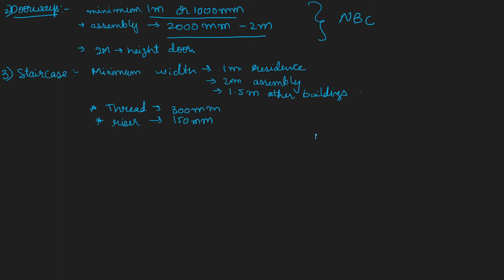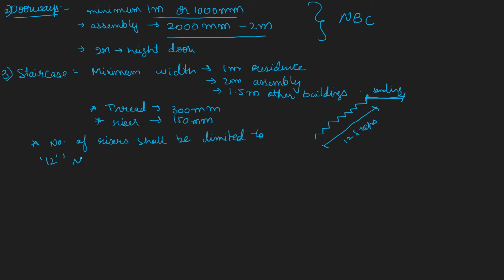In a staircase, maximum we need to have 12 steps. We should not exceed this. After every 12 steps, we need to give a landing. This is an important point. Number of risers shall be limited to 12 per flight of staircase.